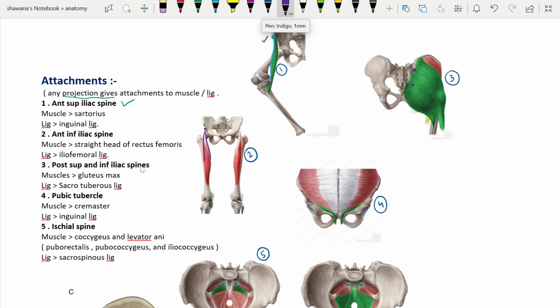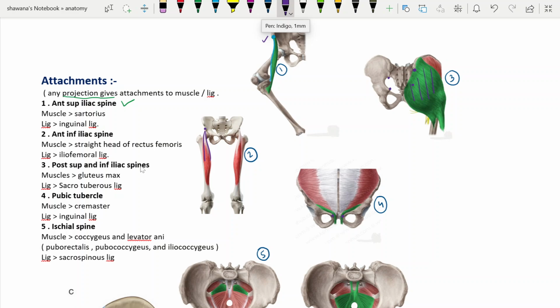They give rise to the gluteus maximus muscle, the big muscle of the pelvic region. The fourth one is the pubic tubercle. This is the pubic tubercle, and it gives rise to the cremaster muscle, which is responsible for lifting the testis.